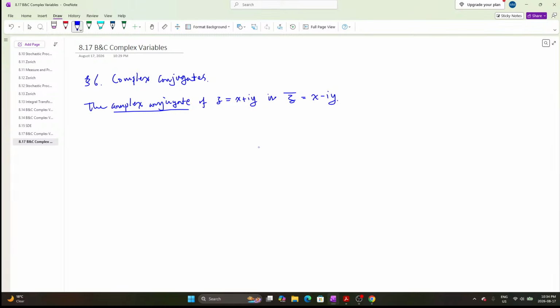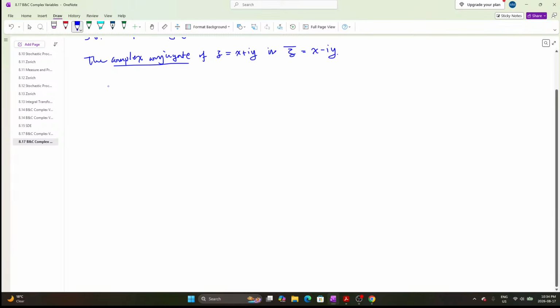And the geometry is rather obvious. It's just a reflection of a complex number across the x-axis. So that's the x, and y. And z bar is the reflection of z across the x-axis.